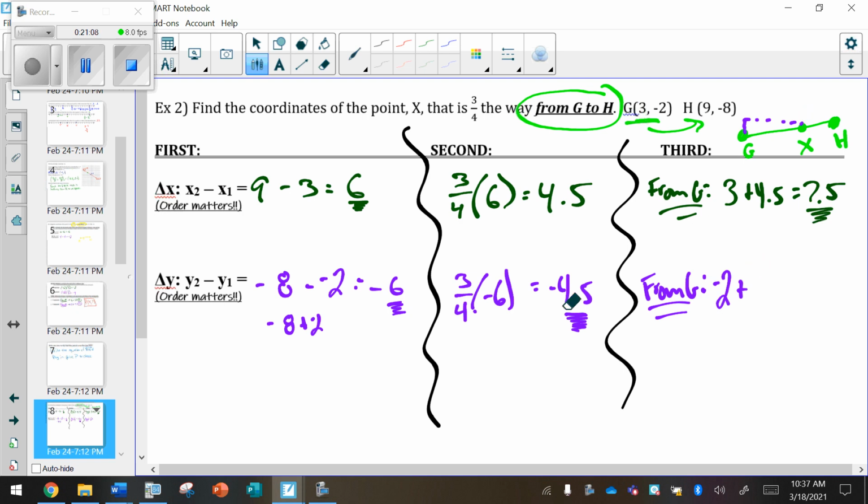So 3/4 of that distance is -4.5. So -2 minus 4.5 is -6.5. That is our final resting point. The X coordinate is 7.5 and the Y coordinate is -6.5.